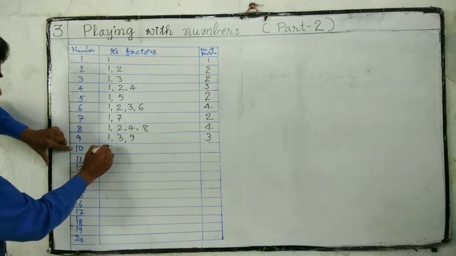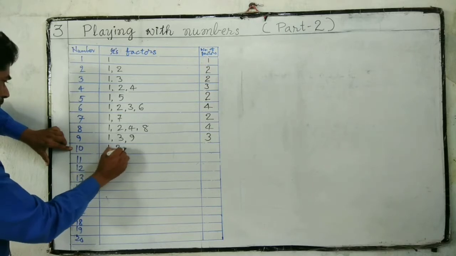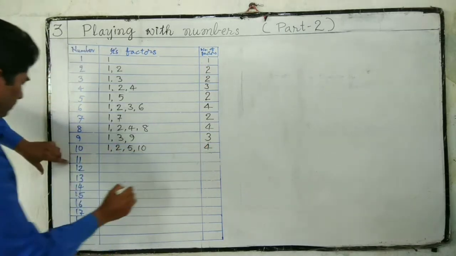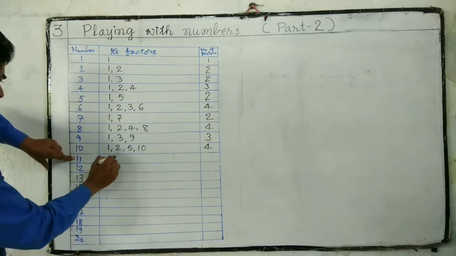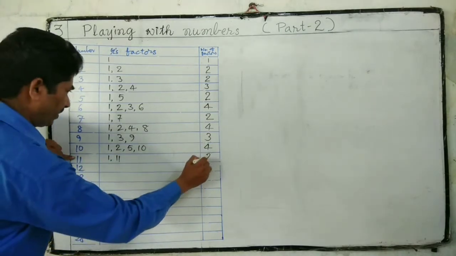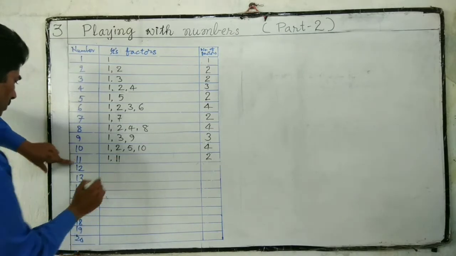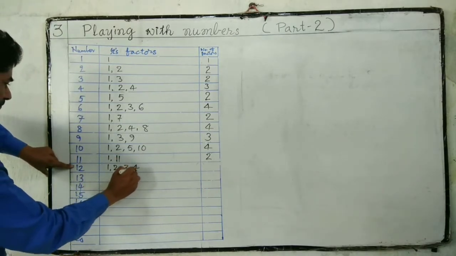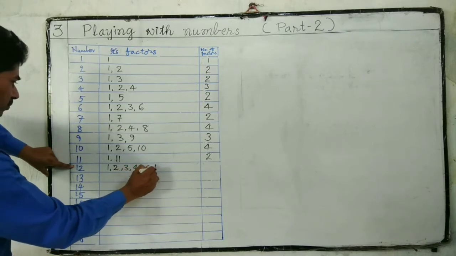10 is divisible by 1, 2, 5, 10. So, it has 4 factors. 11 is divisible by 1 and 11 only. So, 2 factors. 12: 1, 2, 3, 4, 6, 12.